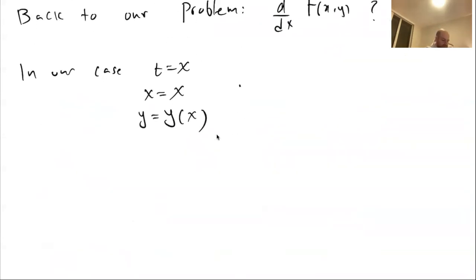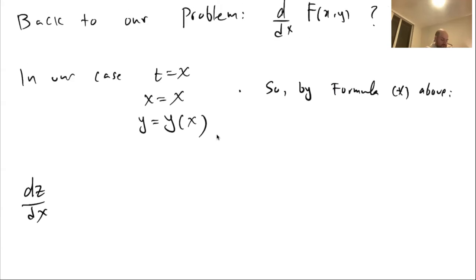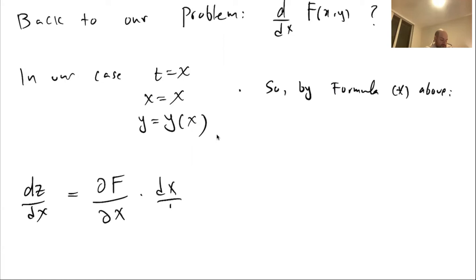So dz/dt will be equal to, by formula star above, we can say dz/dx equals dF/dx times dx/dx, because my t is x, plus dF/dy times dy/dx.